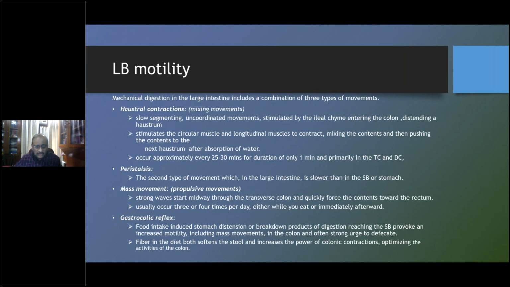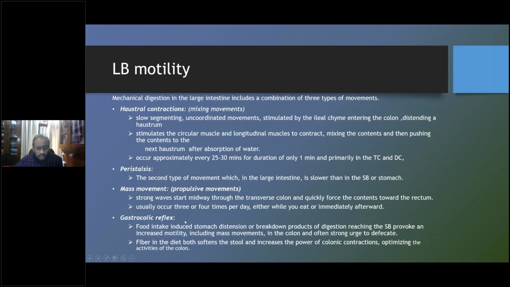And these are strong waves which start midway through the transverse colon. So they're starting somewhere in the mid part of the transverse colon, and they quickly flow the contents toward the rectum. And they occur at least 3 to 4 times per day, either while you eat or immediately afterward. When you're eating and you have this propulsive movement, then you'd like to call it a gastrocolic reflex, which is also part of a number of diseases of the intestine, but it's also there even as a normal physiological part.